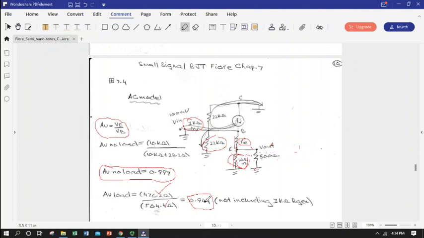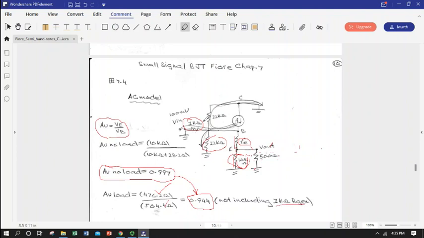When we include the effect of current flowing over our load resistor, we reduce our gain. Now, it wasn't very big, it was almost 1, it wasn't huge, but we reduced it, going from the unloaded to the loaded. Now we have one more hit on our system gain, and that's our 1K input resistor.